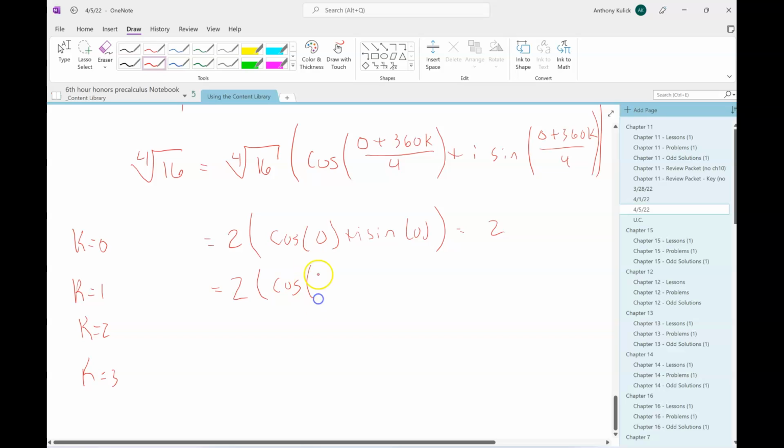When k equals 1, I'm going to have 360 divided by 4, or 90 degrees. Cosine of 90 degrees is 0. Sine of 90 degrees is 1. So it'll give me 2i. When k equals 2, I'm going to have 720 divided by 4. That's 180 degrees.